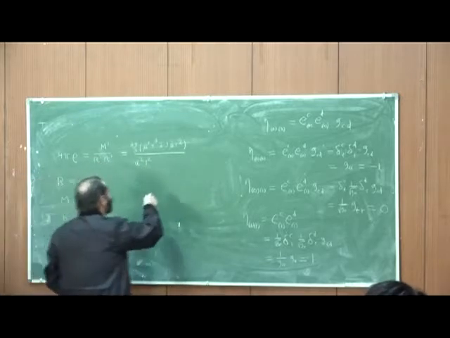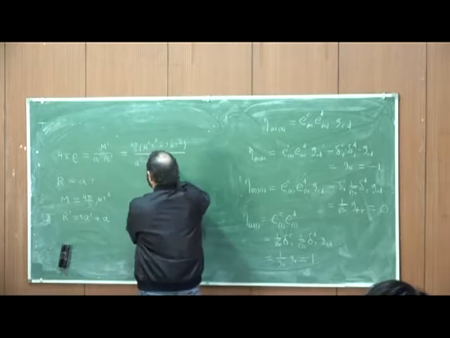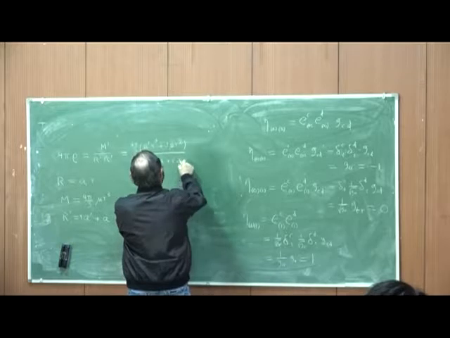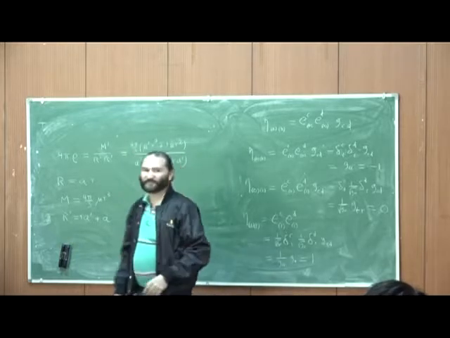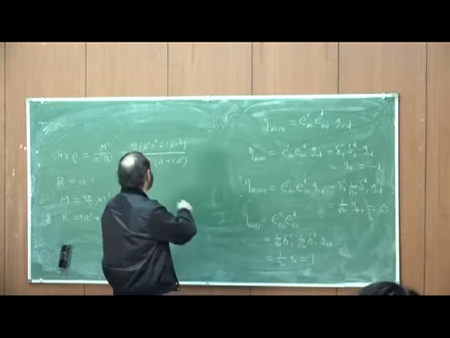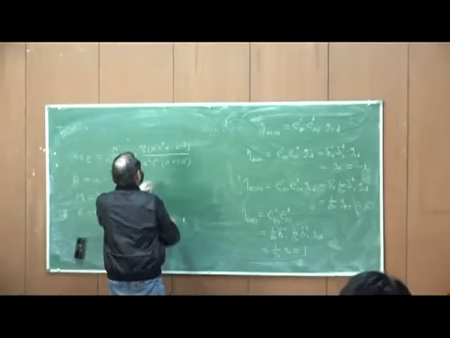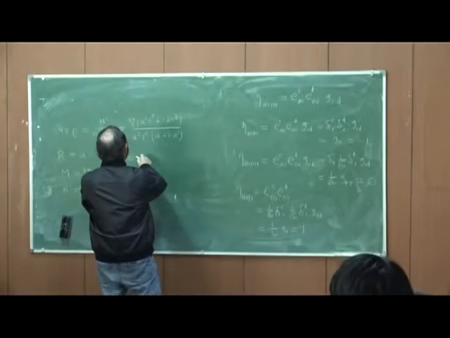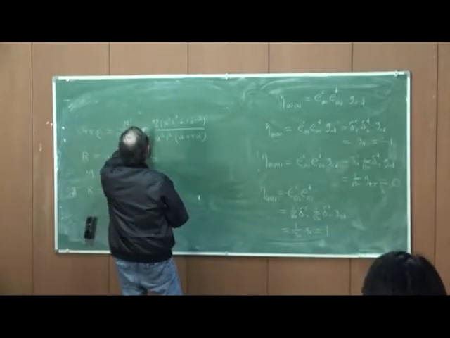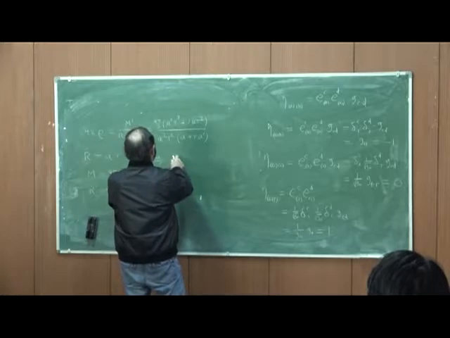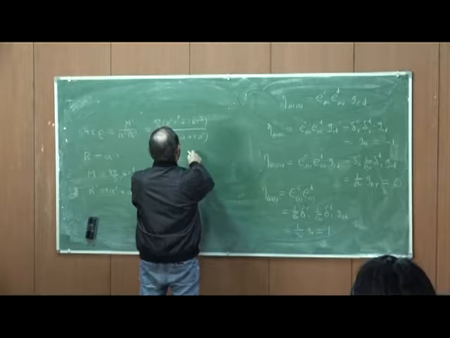Now r prime is going to be a plus r a prime, right? Just substituting. Then we can take one a outside, and then the 4 pi's go, right? So it is 1/3.